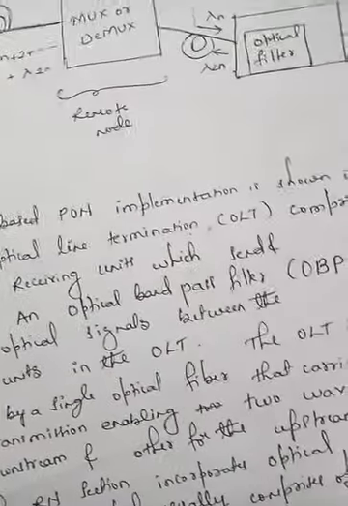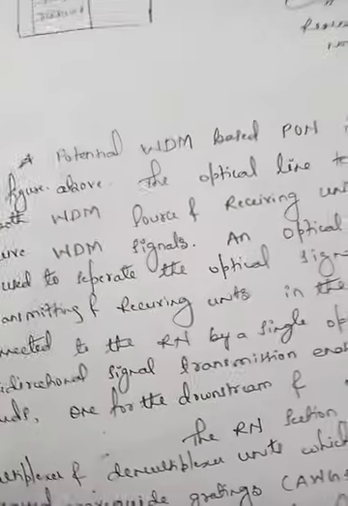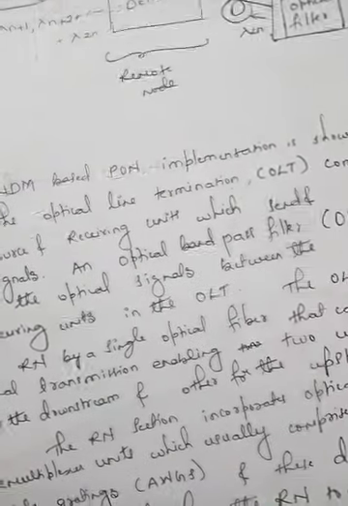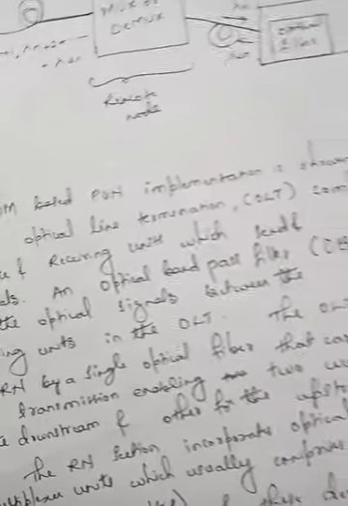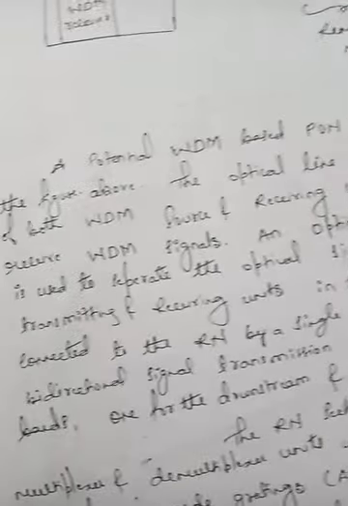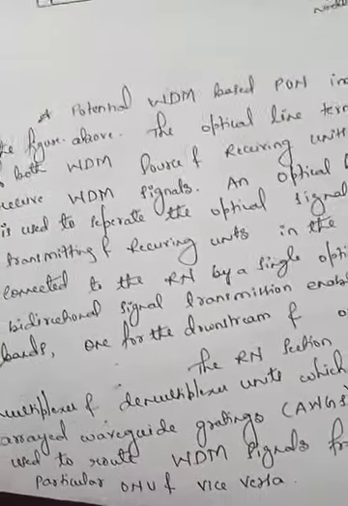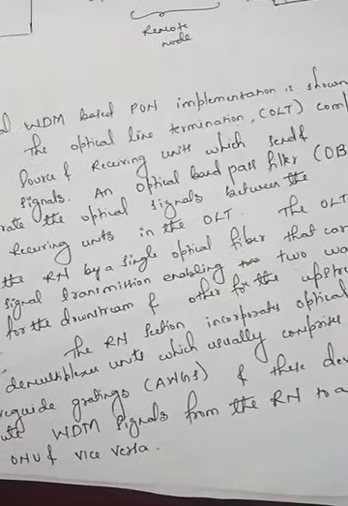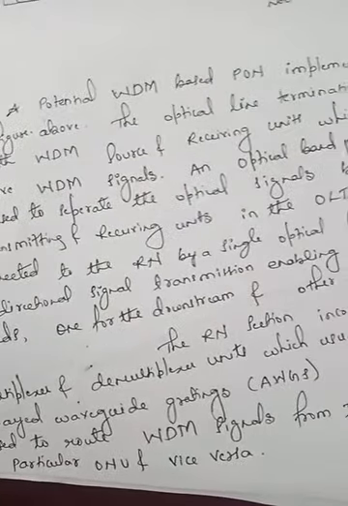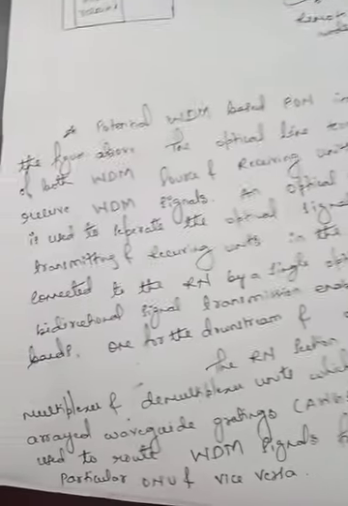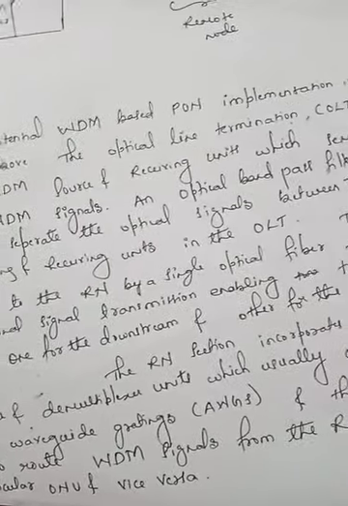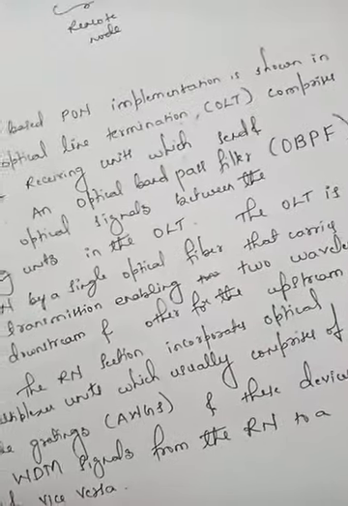An optical band pass filter, OBPF, is used to separate the optical signals between the transmitting and receiving units in the OLT. The OLT is connected to the remote node by a single optical fiber that carries bidirectional signal transmission, enabling two wavelength bands, one for the downstream and the other for the upstream.